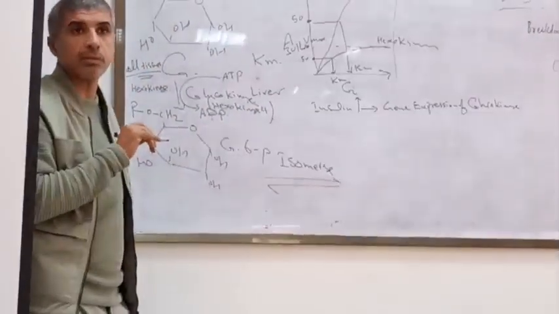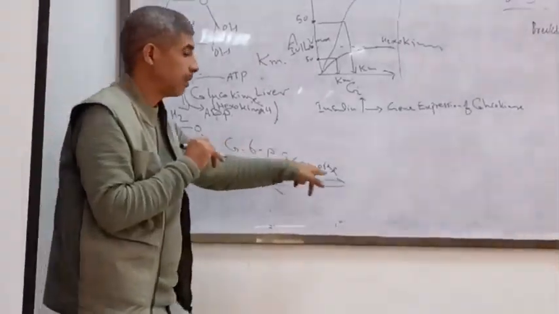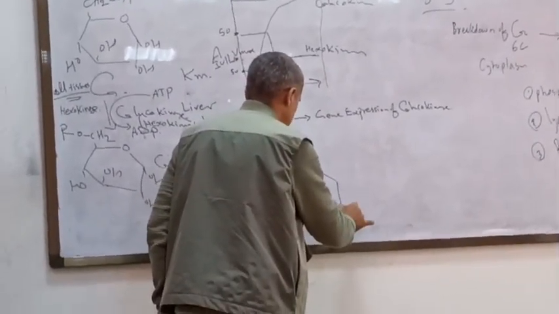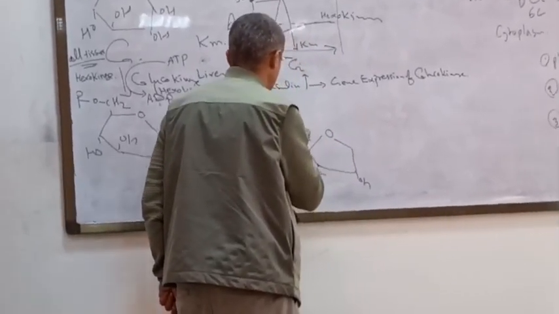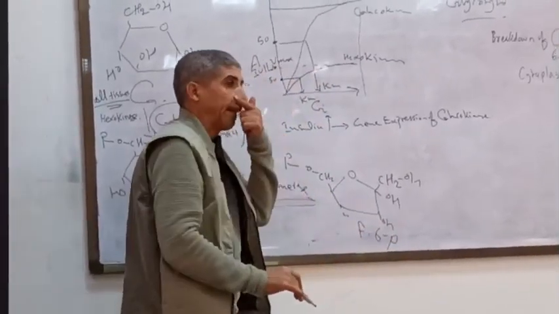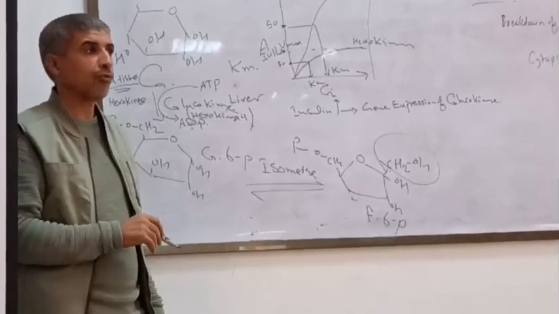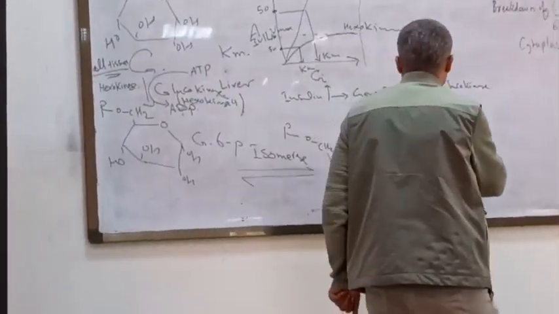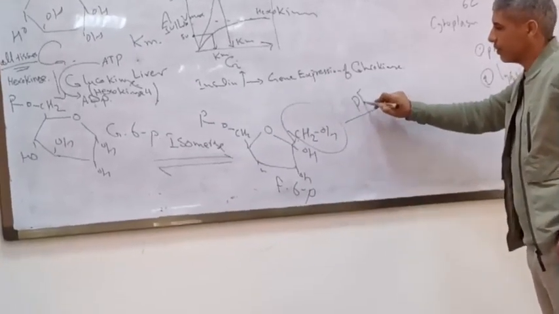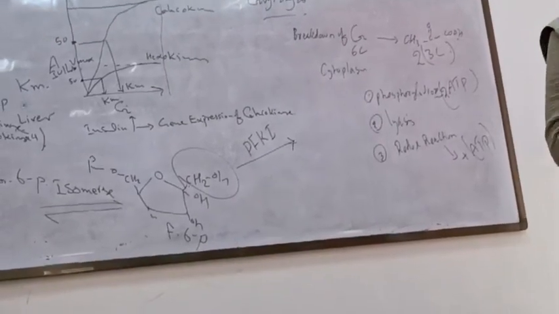Glucose and fructose isomerase: glucose is an aldohexose, and fructose is a ketohexose, so it is an isomerase. With the phosphate group and CH2OH, this is fructose 6-phosphate, and the new primary alcohol is phosphorylated by phosphofructokinase 1. Phosphofructokinase 1 is the most important regulatory enzyme in glycolysis. Why?